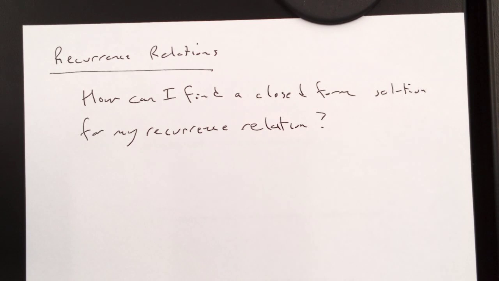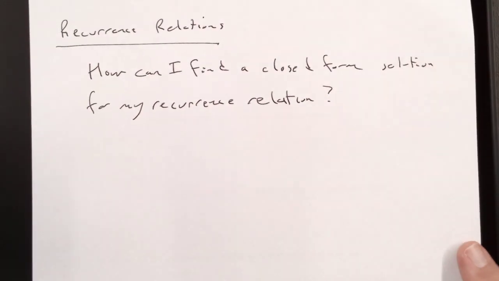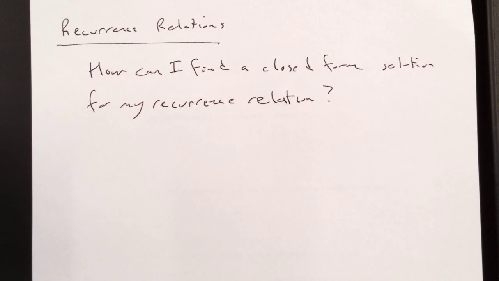And I said on Friday that this was going to take a while. So here's where we start taking a while. I need to say that the techniques for solving recurrence relations vary dramatically based on the recurrence itself. So I'm going to limit the type of recurrences I'm looking at to start.